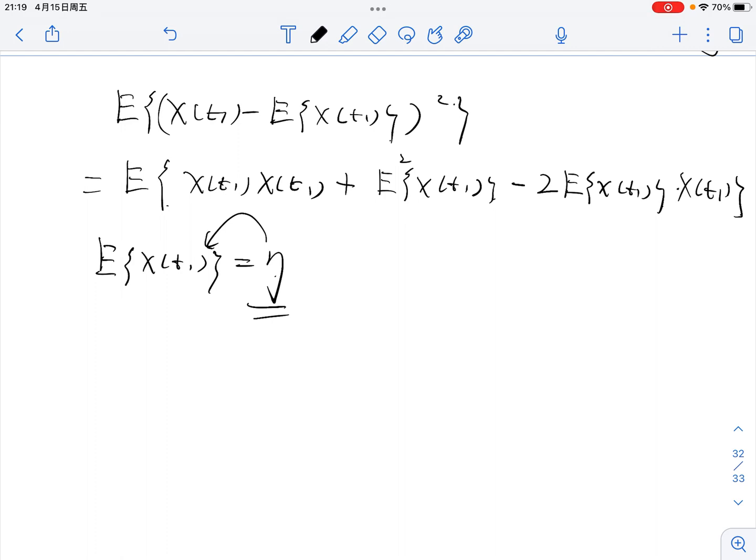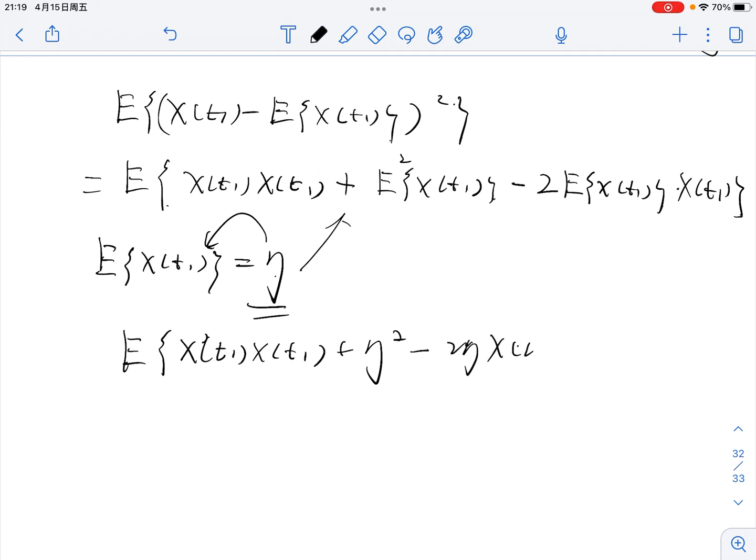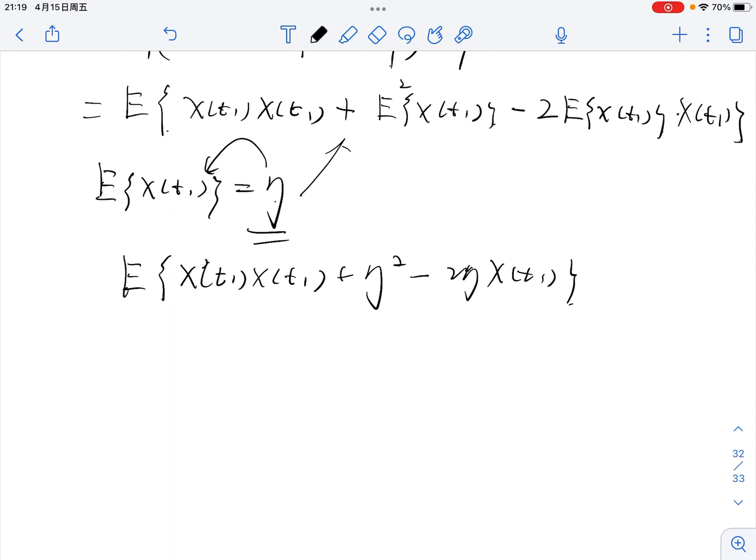By using this property, we plug eta into the equation and get the expectation of x(t1) x(t1) plus eta squared minus 2 eta x(t1).